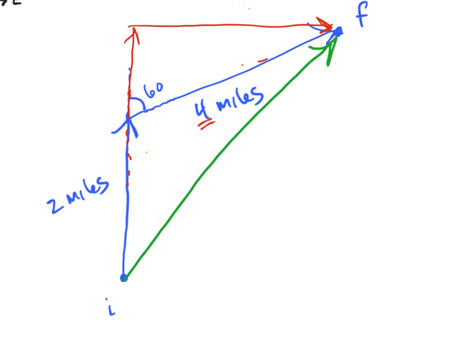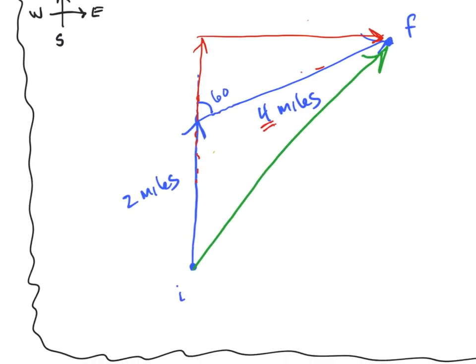I'm going to use the 60-degree angle to do that. The north component, I'll call N for north, is going to equal 4 times the cosine of 60 degrees, which is 2 miles. And the east component, using E for east, I'm going to use the sine for that.